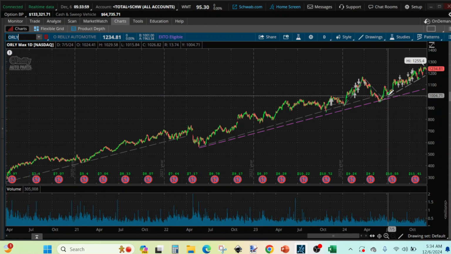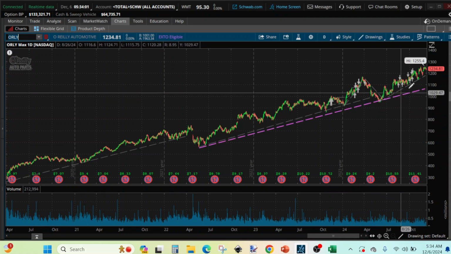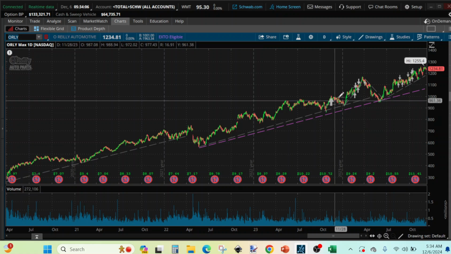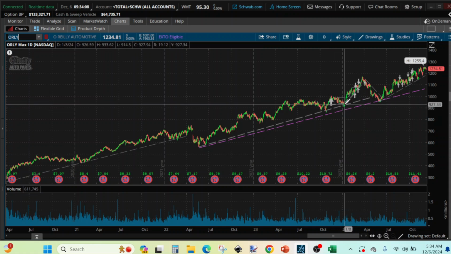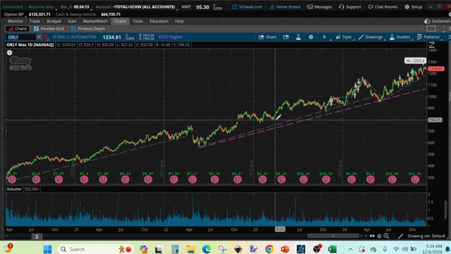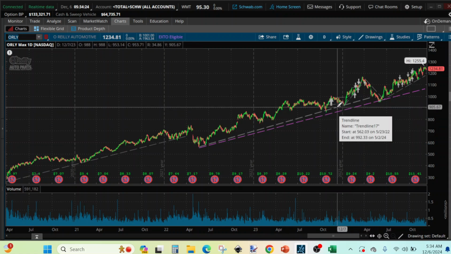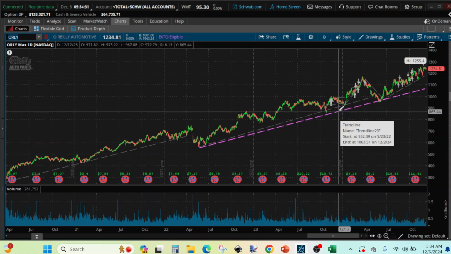So here we have July, October, and it came back in January, and it did it here as well. January. So it does pull back, and that's the line it followed last year, but this, yeah, pretty much.